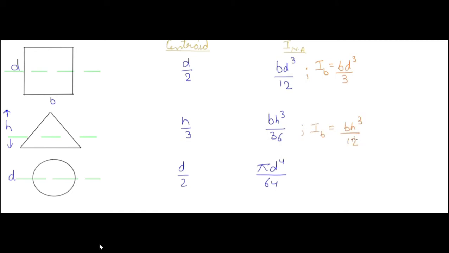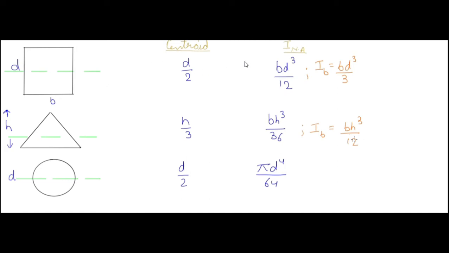We get this from the parallel axis theorem, where you add BD cube by 12 plus area B into D times D by 2 whole square. Adding these terms, you get BD cube by 3.